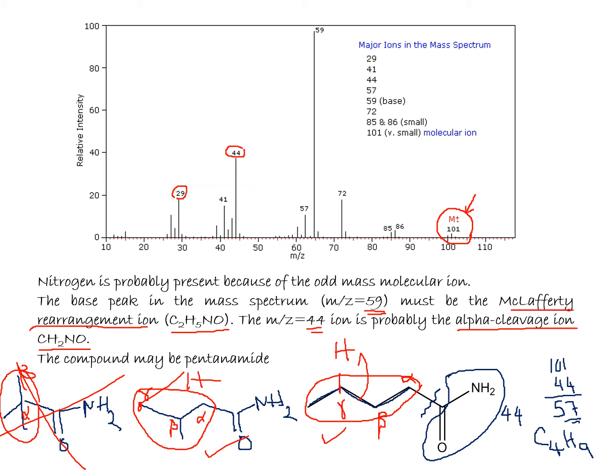This part is 29, C2H5+. Okay, so most likely you have the pentanamide of this structure.